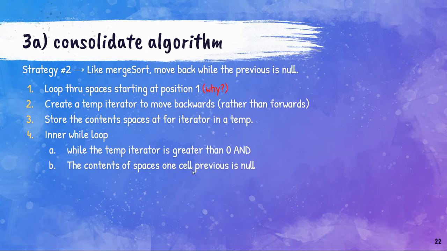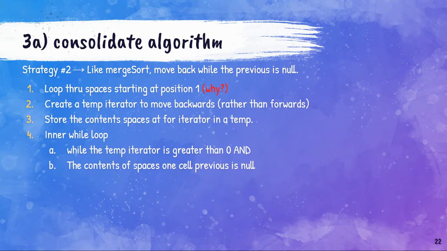You can't do B before you do A, because if you were at position -1, you're going to get a null pointer. If you check here first and make sure that the temp iterator is greater than -1, not 0, then if that is not true, so let's say I keep subtracting, and the first element is a null, so I'm going to look 1 prior to that.